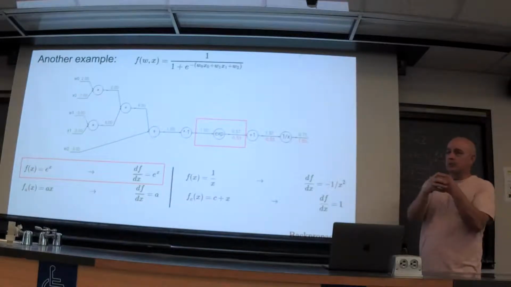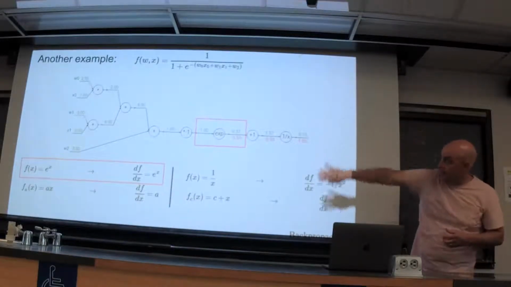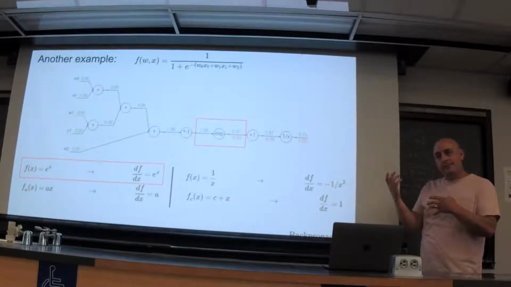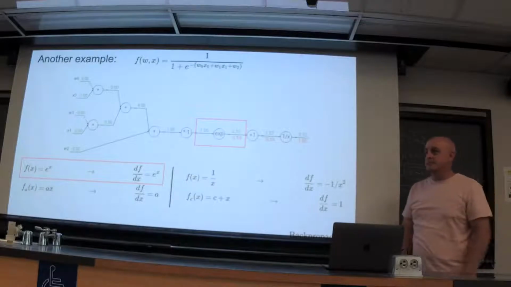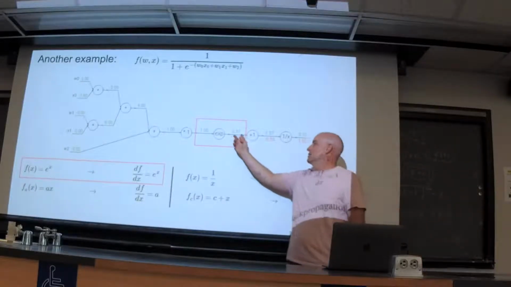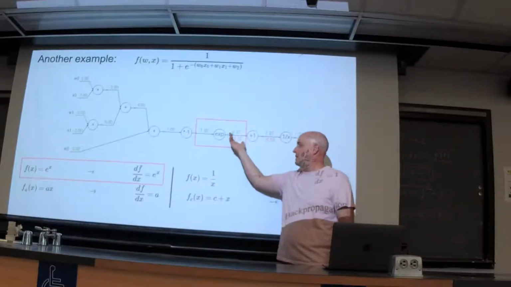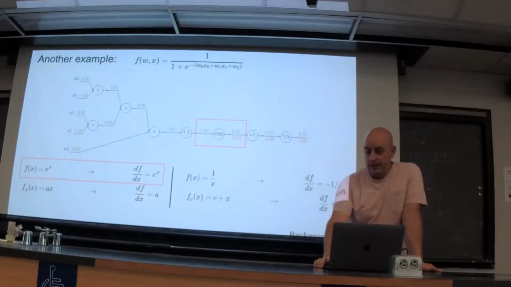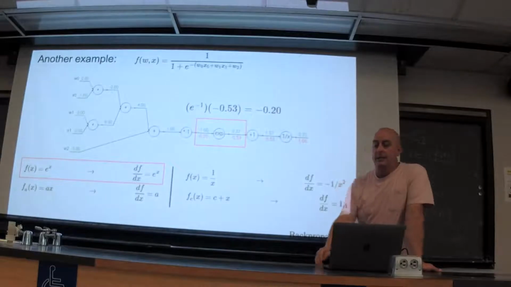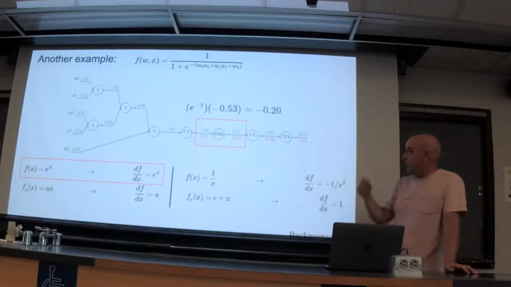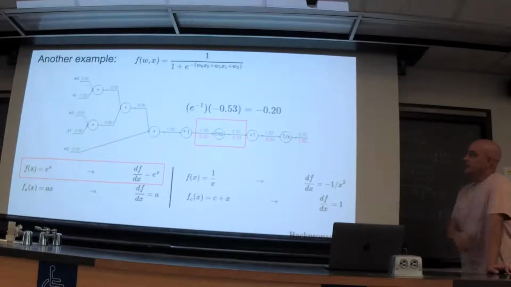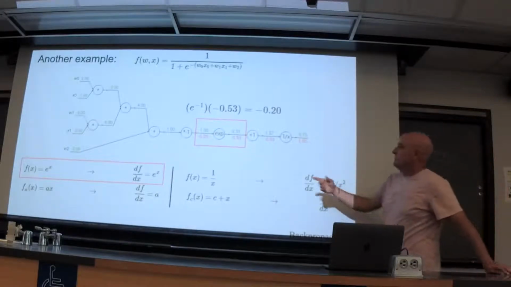That's going to be the local gradient at the chosen values for the inputs. And we're going to multiply that with what? Minus 0.53 again, because this represents the downstream gradient that we're propagating upstream. So we have e to the minus 1 times minus 0.53. That gives us roughly minus 0.2. Okay? So now we have minus 0.2.